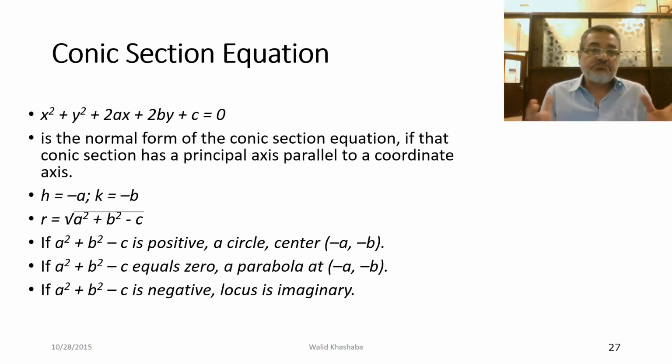It doesn't mean that it should be on the origin, or follow the same axes that we know, the y-axis and the x-axis. It could have another axis. We will know for an ellipse, for example, or a hyperbola, whether the center lies on the x-axis or the y-axis.